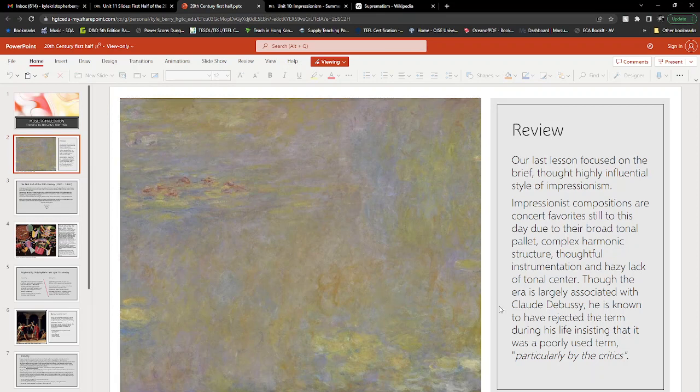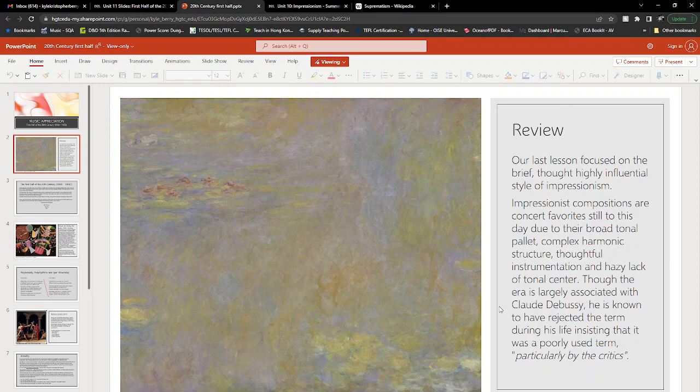Though the era is largely associated with Claude Debussy, we know that in his own time he rejected the term Impressionist, and he insisted that it was a poorly used term, particularly by the critics. Other people who have had this label applied to them have either agreed or disagreed with it. We have a painting here by Claude Monet, Water Lilies.